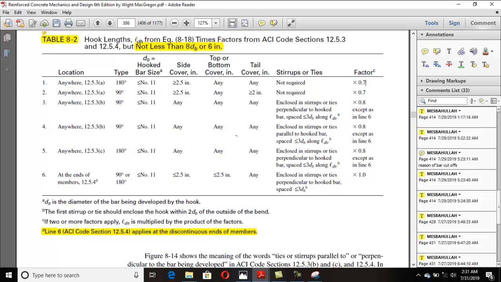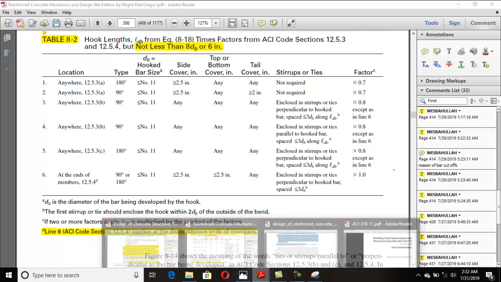Similarly, this one is also applicable, but your side cover should be greater than, and your tail cover should also be greater than, your top cover, whichever. You have to multiply 0.7, and similarly these apply from 5 to 1. This is for continuous edges, and this is for discontinuous edges.